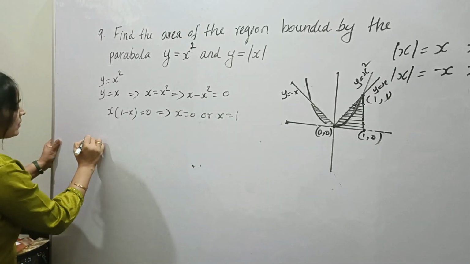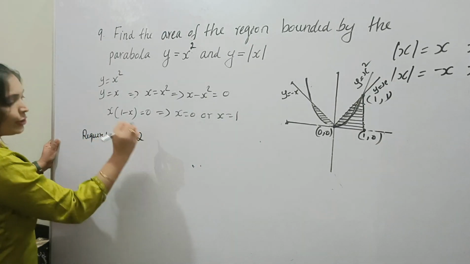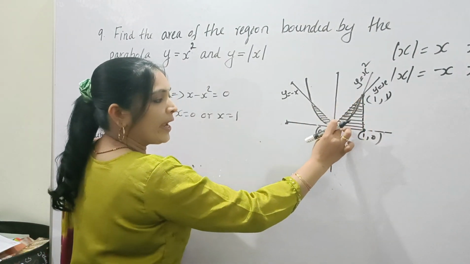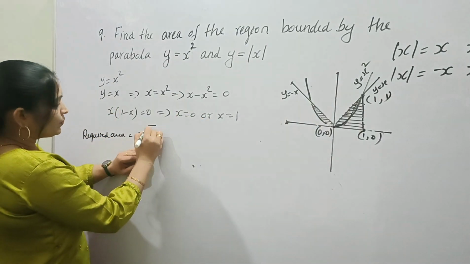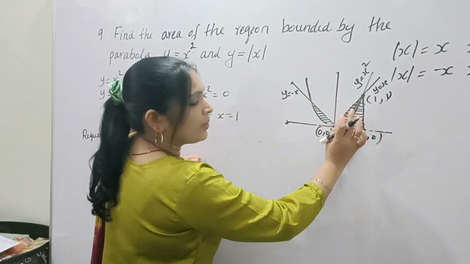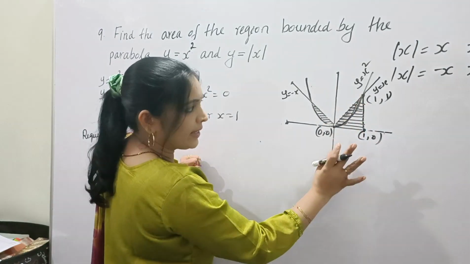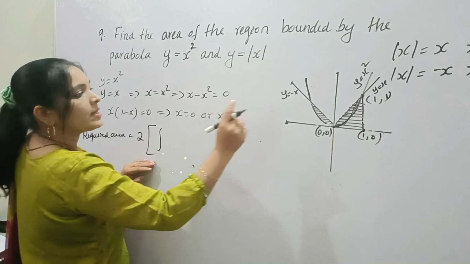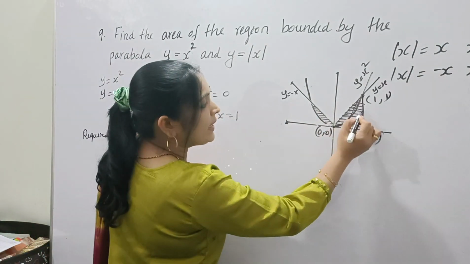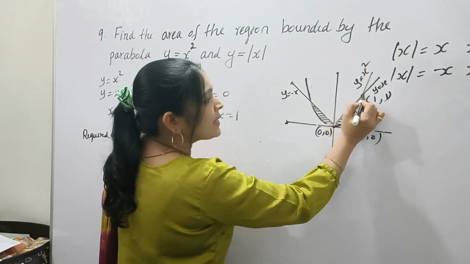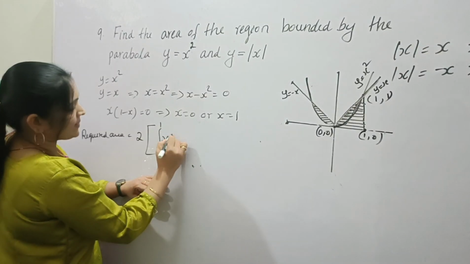So the required area is equal to 2 into this area. 2 into this area, that is the total area, this triangle area. That means integral 0 to 1, limits 0 to 1, of the total area under this line. What is the equation? Y is equal to x, dx.